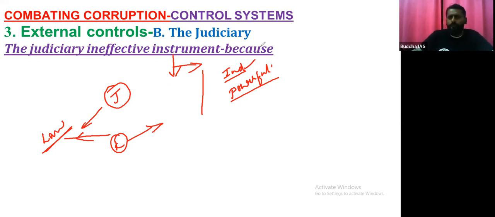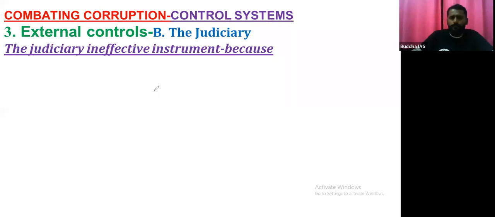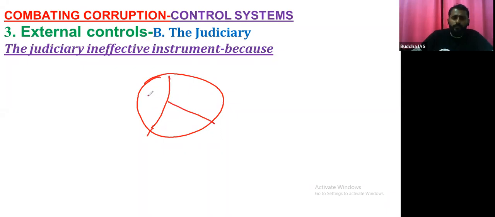Okay, apart from that, let me ask a question in general. In our government, we have three things: legislature, executive, and judiciary. Here, none of these things is superior, all are equal.